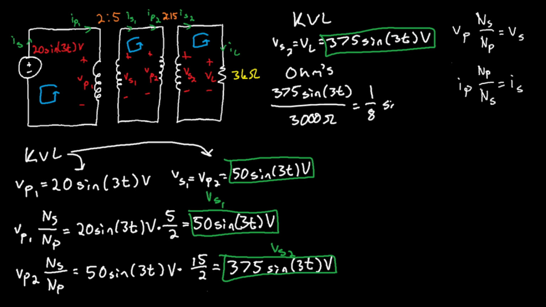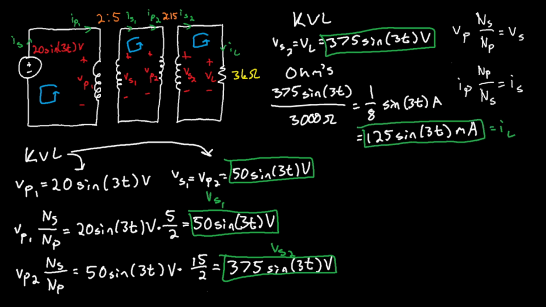So 1/8 of sine of 3t amps. I can also represent this as 125 sine 3t milliamps if I wanted to. So this is equal to I of L.